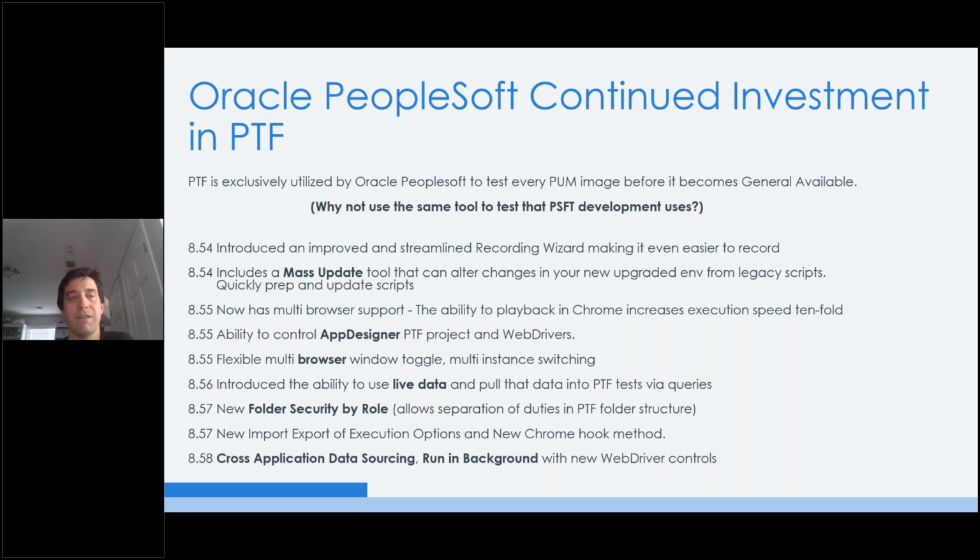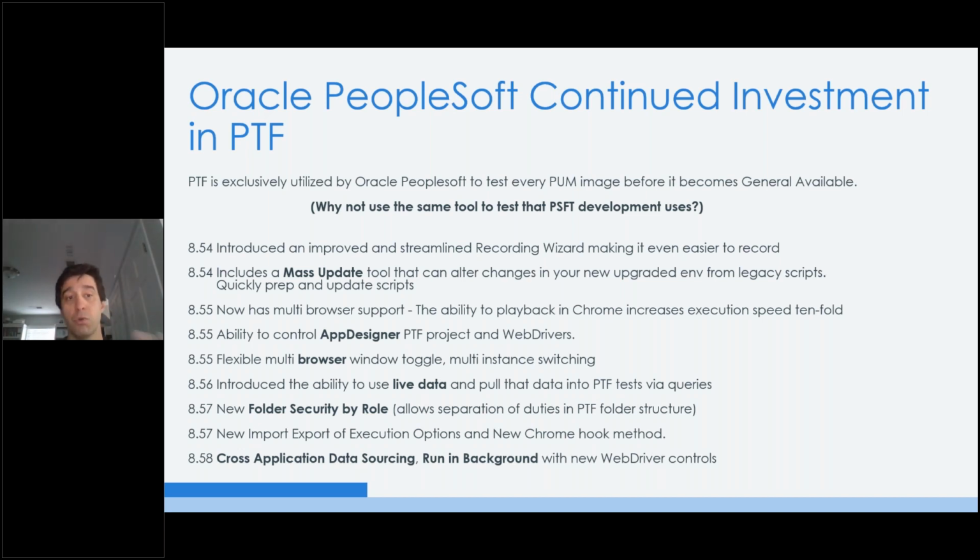Since it was introduced in 8.5.1, it's gone through tons of updates and features added to make it more robust. The mass update tool was a huge one. This allows you to feed in all the changes. Maybe you introduced a bunch of bug fixes and retrofitted a bunch of your components, but you already had PTF scripts residing.